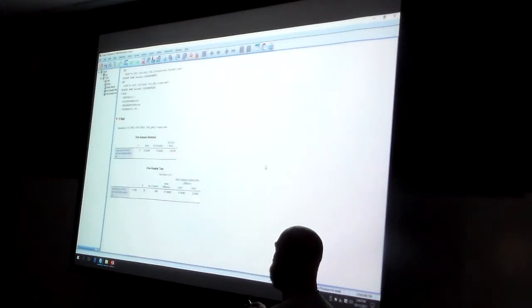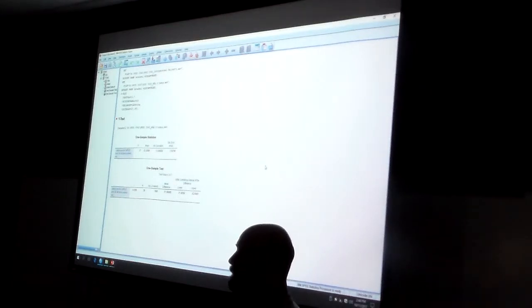Katie, what should I not see in this confidence interval if I'm hoping to find a reliable effect? Right.